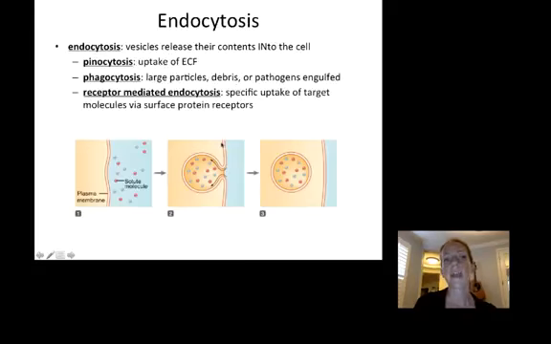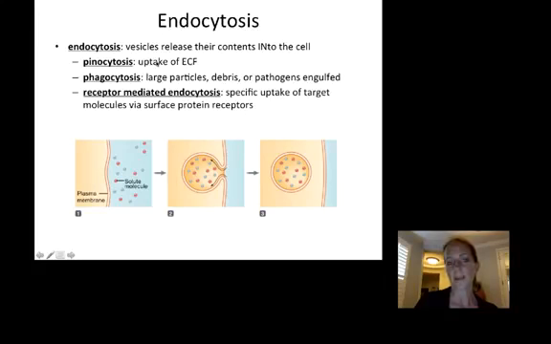So for endocytosis, this is when you have a vesicle that brings contents into the cell. So here's a bunch of solutes. The vesicle pinches off. Those solutes are brought into the cell, and then you have a vesicle inside the cell that's concentrated with that molecule. There's a couple ways to do this.